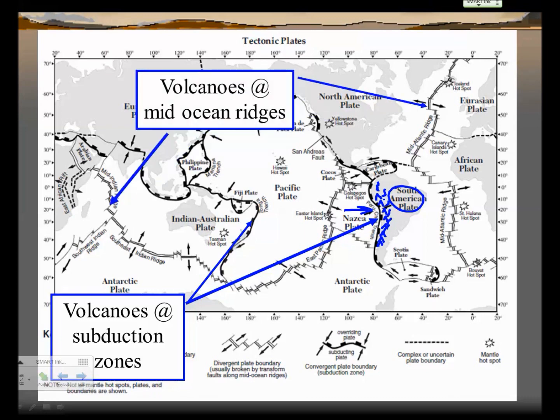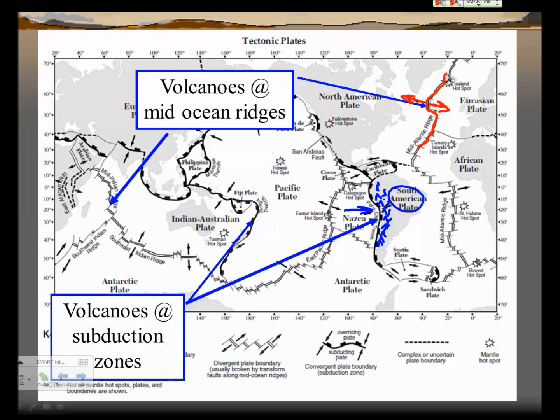Okay, we also have volcanoes at mid-ocean ridges. So here's the Mid-Atlantic Ridge, running underneath the Atlantic Ocean. And remember from our side views back in the part of this unit when we learned about divergent plate boundaries, diverge, move apart, that brand new rock is coming up and forcing the rock on the surface that's already there apart.